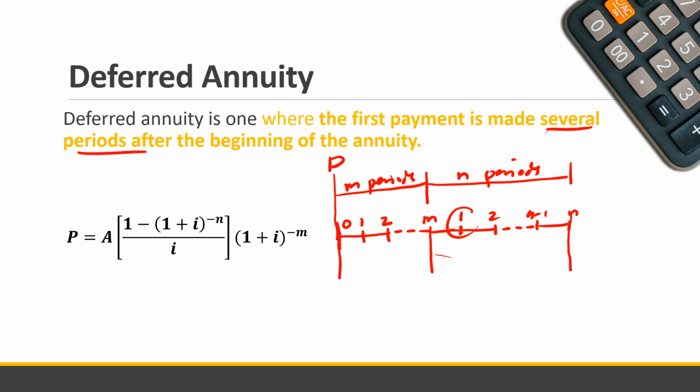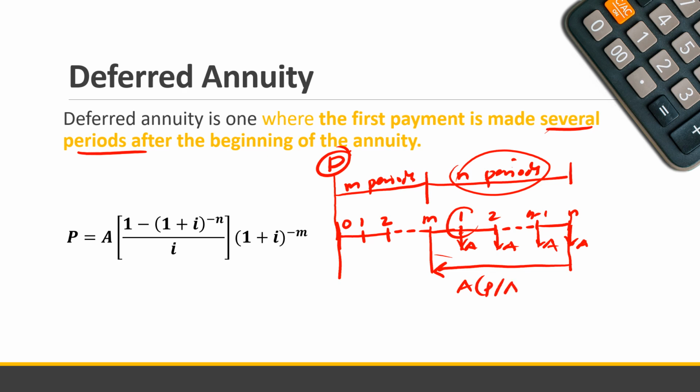So for the N periods, if we will find the present worth, so we will have yung A here. So say meron kang, this is where nag-start yung funds. This is A, and A. So under N periods, this is an ordinary annuity.